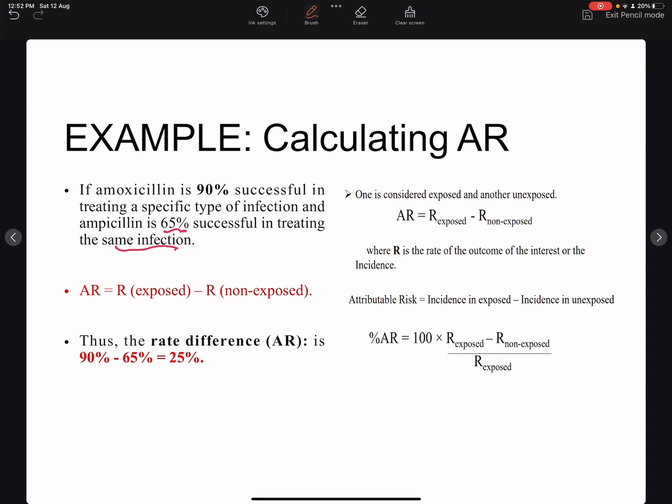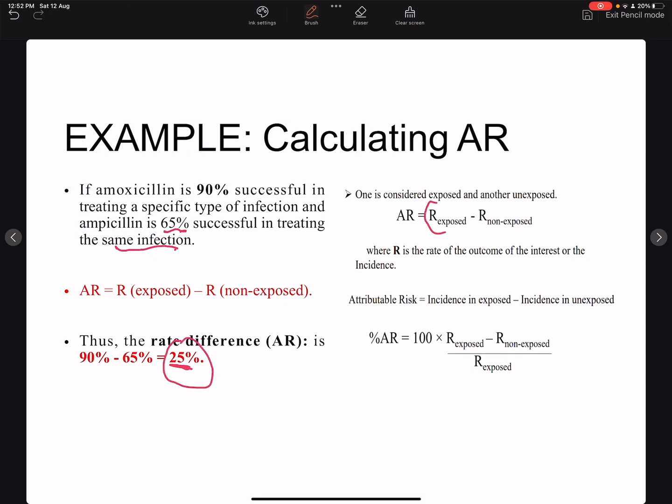So it is 90% minus 65%, which equals 25%. Here, one is considered exposed and the other is considered unexposed.